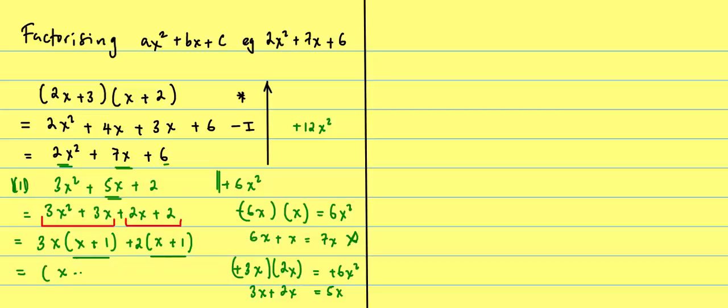It'll be x plus 1 multiplied by, if I pull out the x plus 1 here, I'm left with 3x, plus pulling out an x plus 1 there will leave us with a positive 2. Therefore the factor form of my original expression, which is 3x squared plus 5x plus 2, is going to be equal to x plus 1 multiplied by 3x plus 2.